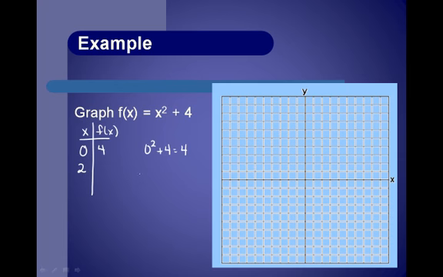If we choose 2, f of 2 is 2 squared plus 4, which would give us 4 plus 4, which is 8. We'll just go back and do negative 2 again. So f of negative 2 means negative 2 squared plus 4, which again is 4 plus 4, which is 8.